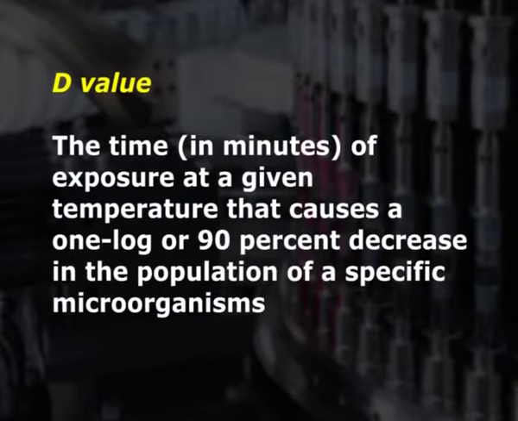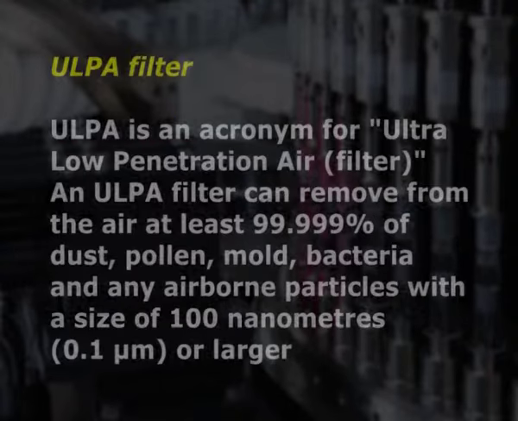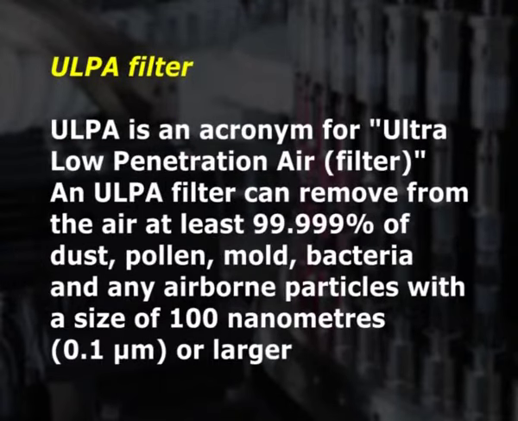D-value. D-value is the time in minutes of exposure at a given temperature that causes a 1 log or 90% decrease in the population of a specific microorganism. HEPA filter: high efficiency particulate air filter, which has a minimum of 0.3 micron particle retaining efficiency of 99.97%. ULPA filter.